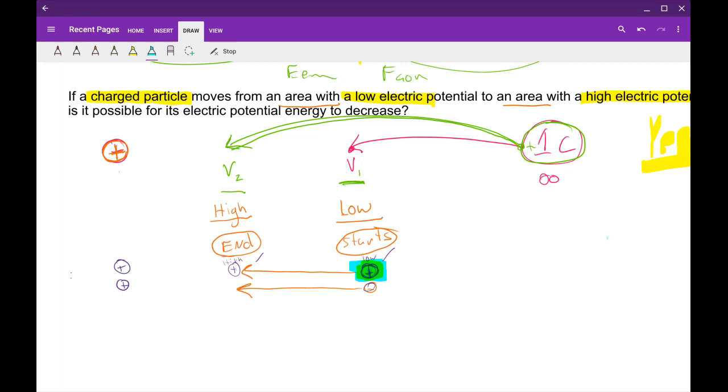Okay, so what I'm trying to say with this question is, if you move from a low electric potential to a high electric potential, your electric potential energy goes from low to high if your charges have the same sign, right?